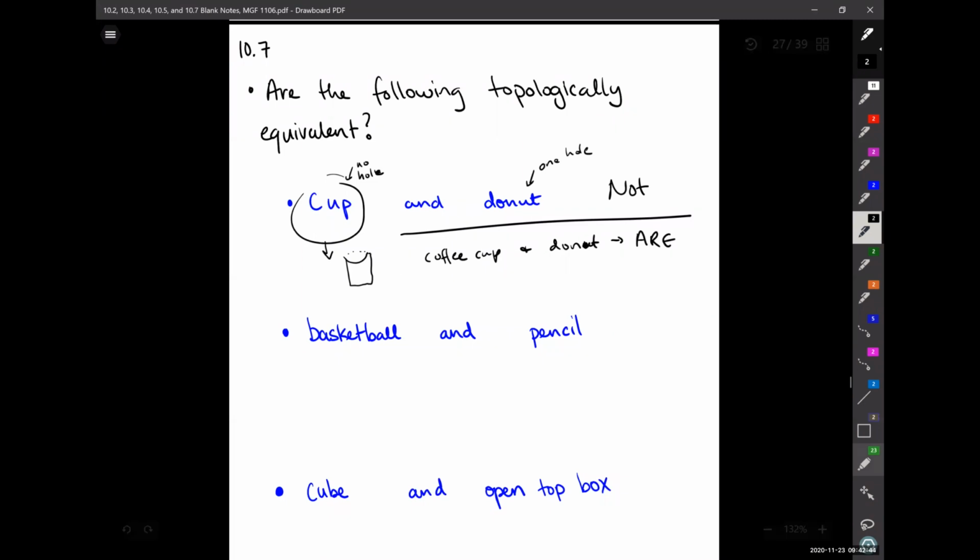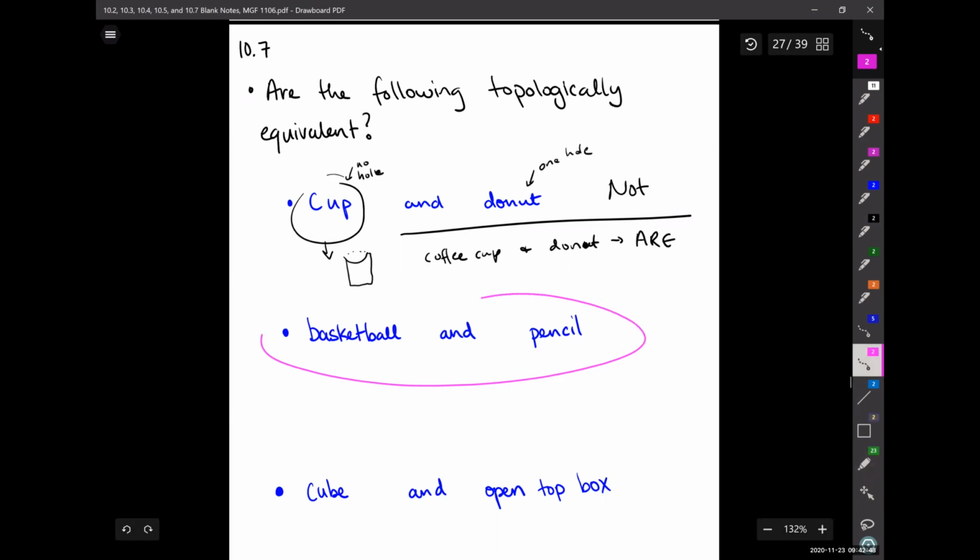Okay, give everybody a moment to think about the next two. Remember, this comes down to you thinking how many holes are in each object. Is it the same number of holes? So you can have 0 holes, 1, 2, 3, etc. And maybe in this case, let's not be too specific. Don't worry about that hole that technically I guess you can use to put air in, right? To the basketball.